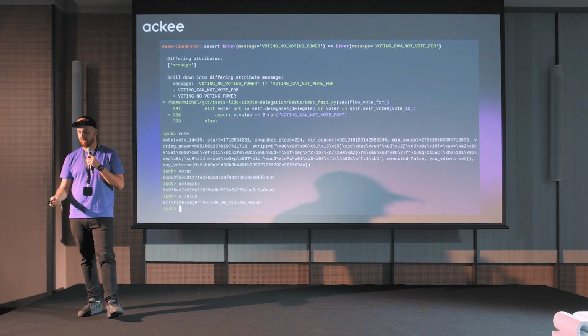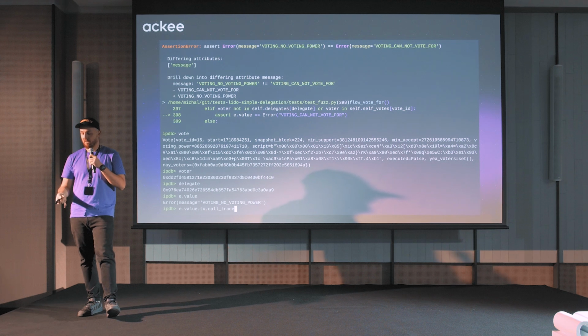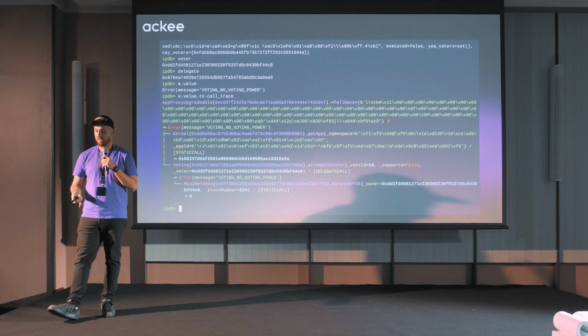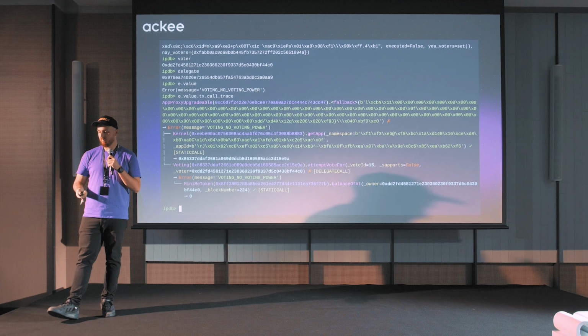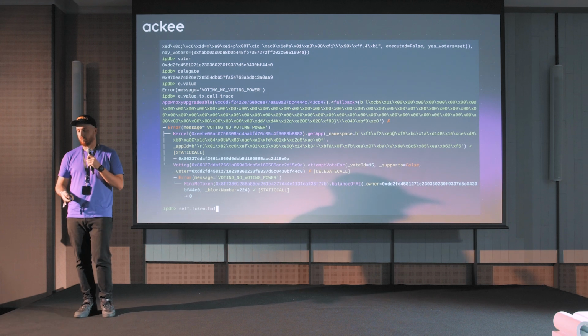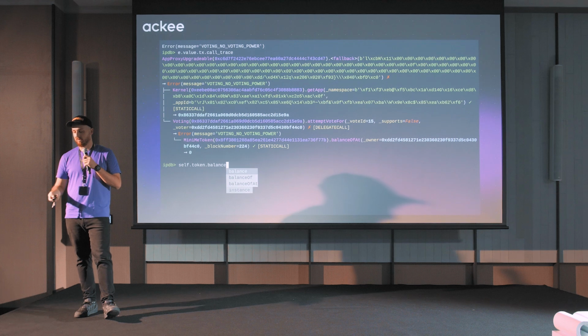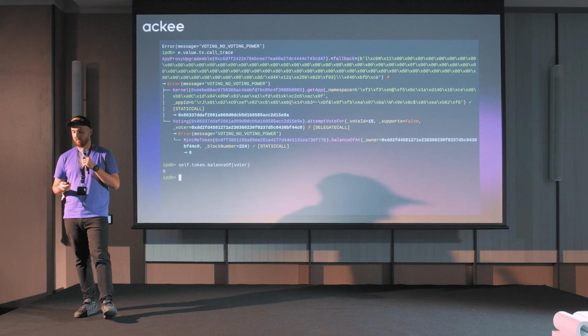We can access the transaction that failed, check its error message, its call trace, and try to debug our problem. And after that, we will rerun it with the same seed, and if it does not fail this time, it's fixed, and we can just start again with another seed.